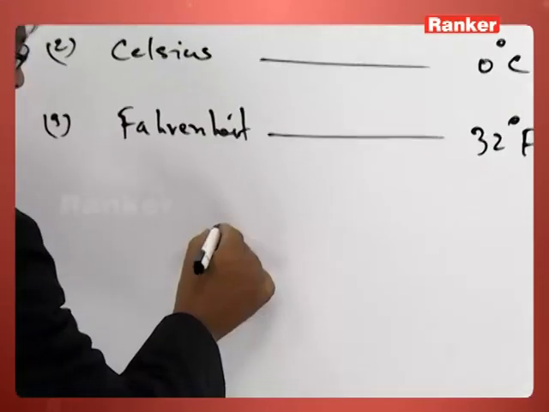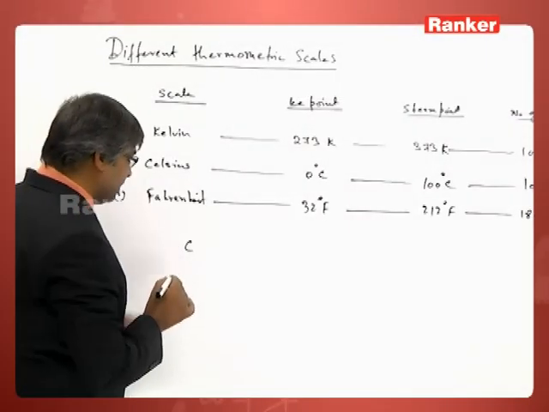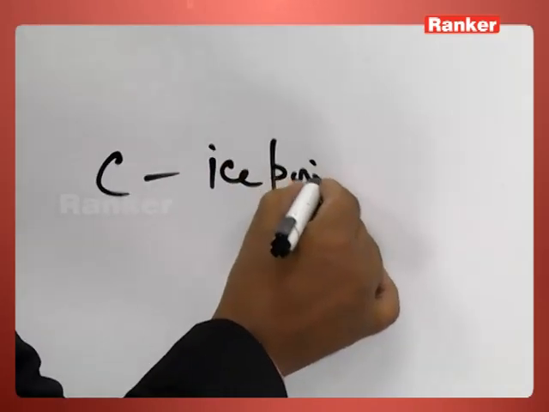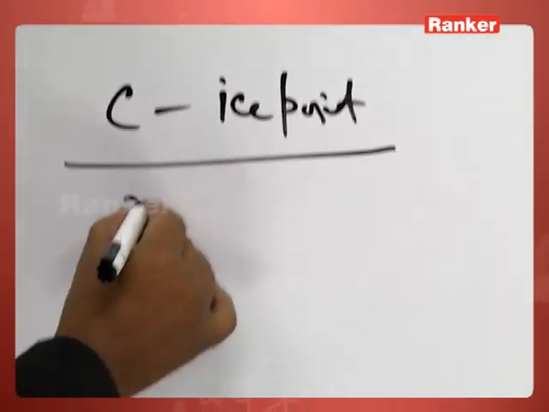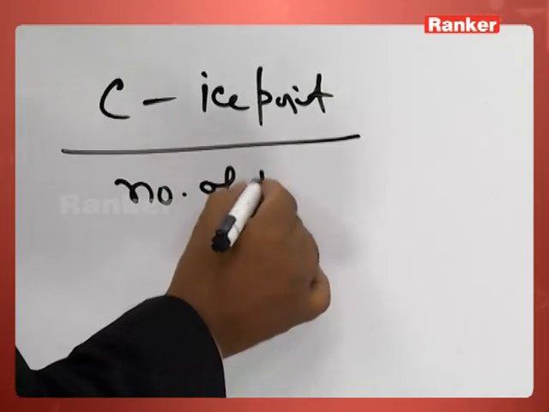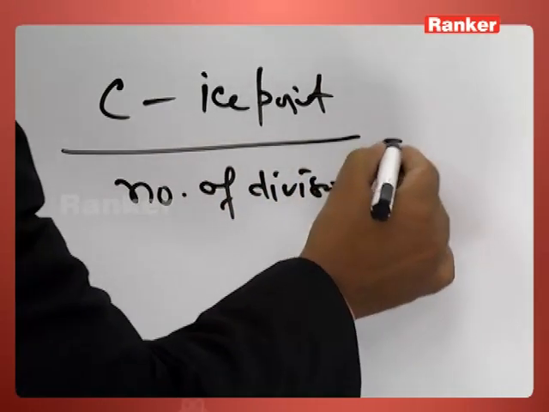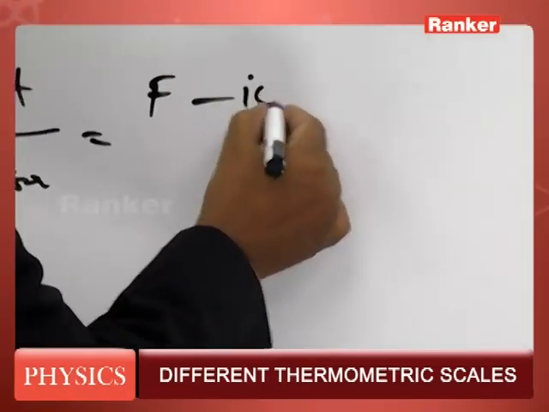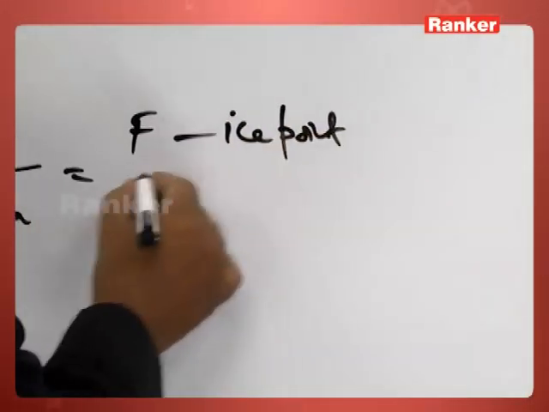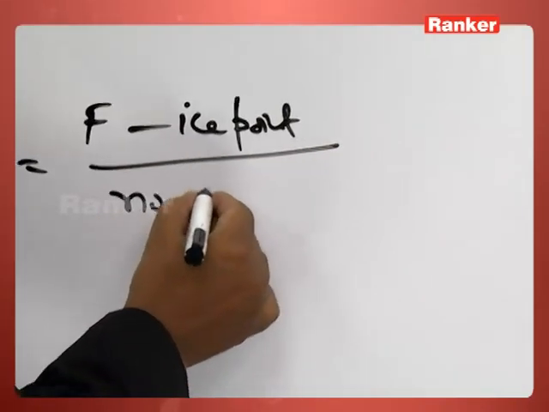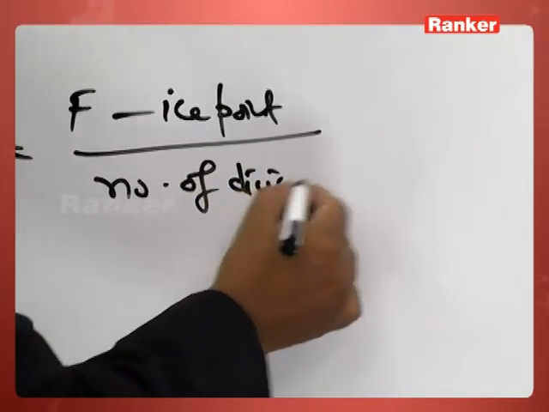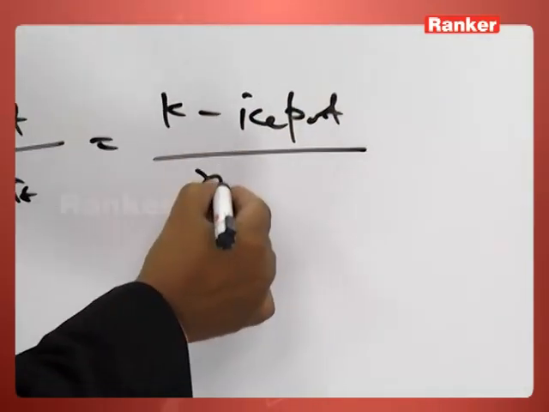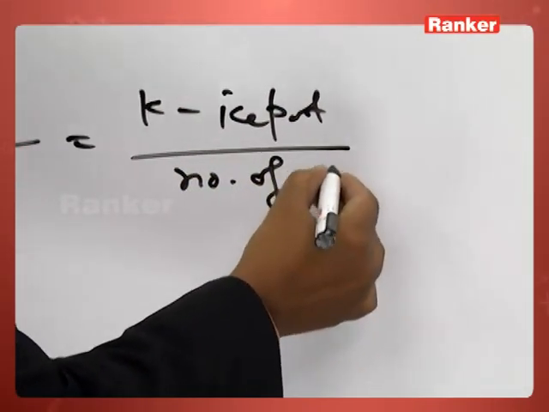Suppose degree centigrade is written as C minus ice point by number of divisions is equal to Fahrenheit minus ice point by number of divisions is equal to Kelvin minus ice point by number of divisions.